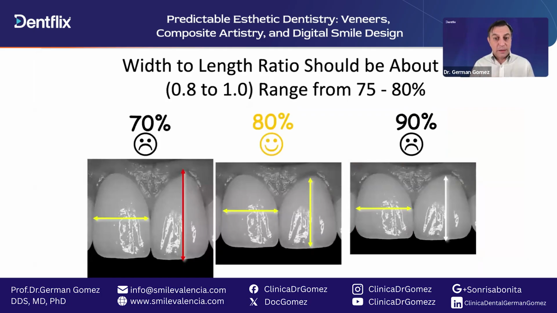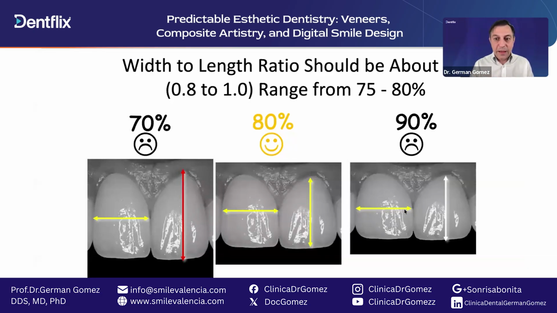The ratio, that means the relationship between the length of the central incisor and the width of the central incisor, is usually around 80%. That means if the length is 10 millimeters, then the width is 8 millimeters, okay? If the length is longer than that, then the tooth looks too long.